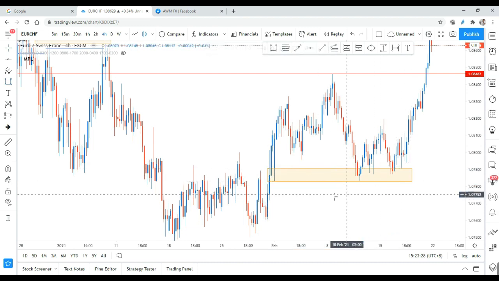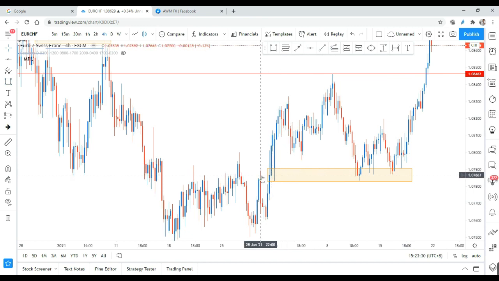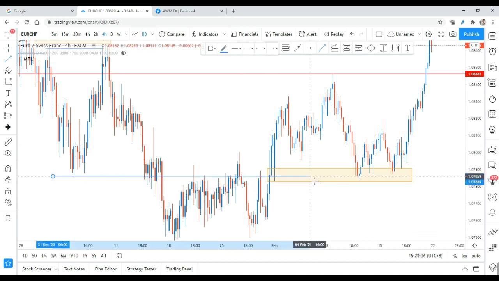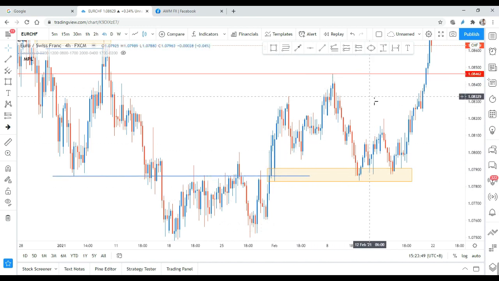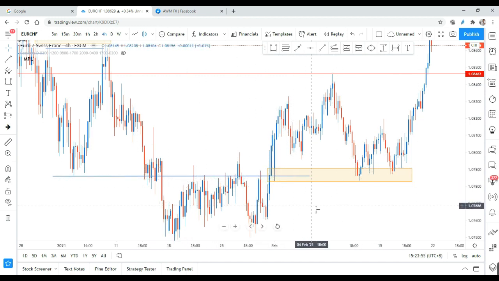We have a very nice king setup. All right, we have the resistance. This is what we call an SSR, significant support and resistance. SSR, rejection all the way. And then at the break, there is a king. That is a king. Instead of doing a reversal over here, we can make a buy. This is a very beautiful setup for a king.